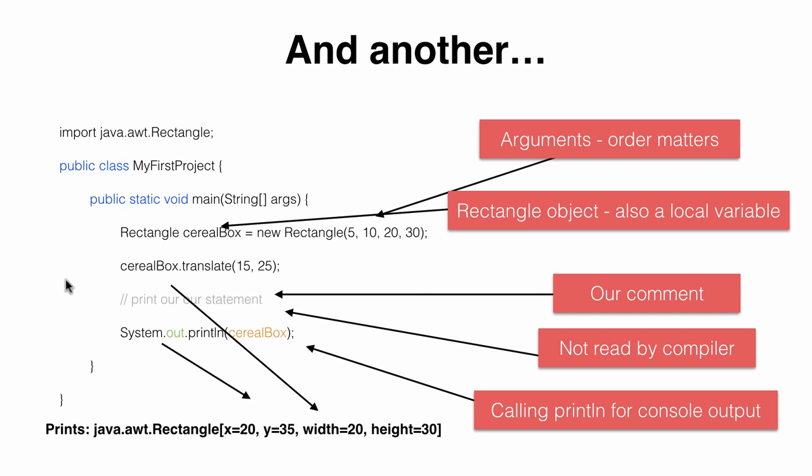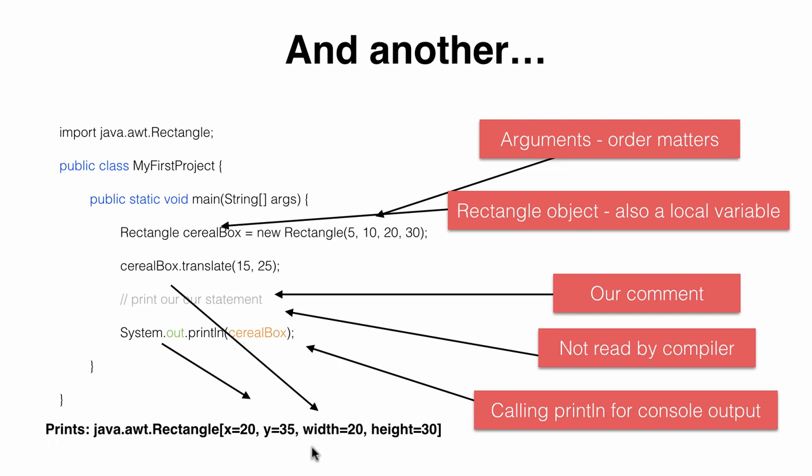This may seem a little complicated, but what I just wanted to show you is how we can import a package, use that particular package here, and make an object from that package of rectangle. Then we can use a method from that particular package up here by using it on our object. So we do the translate, and then we're translating it and printing it out down here.